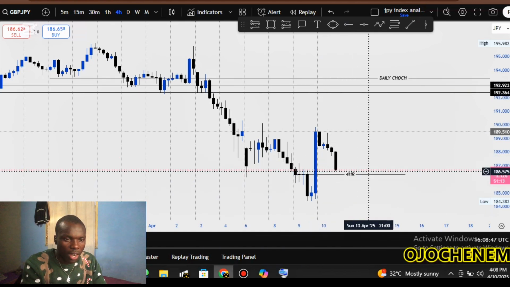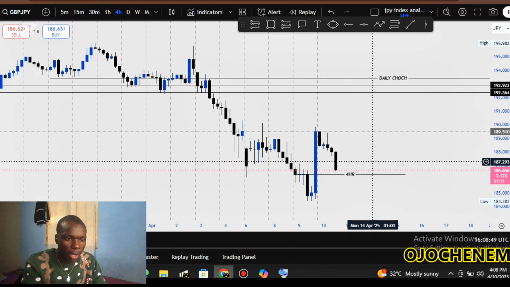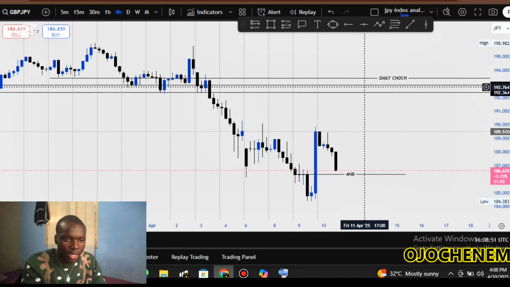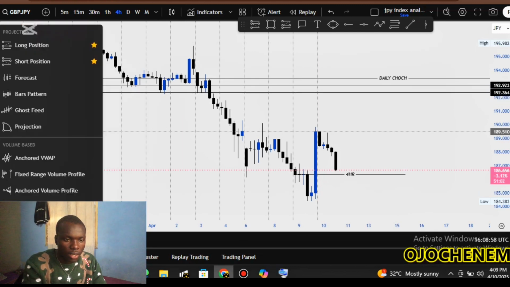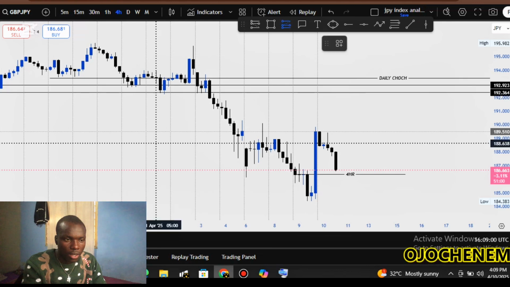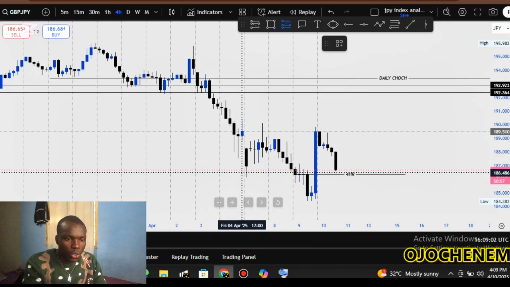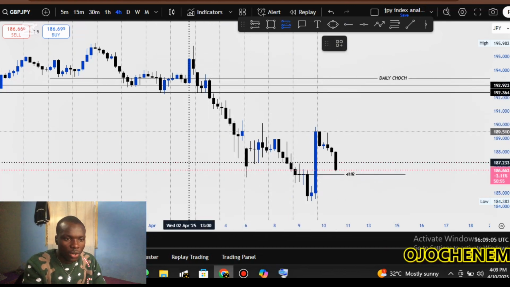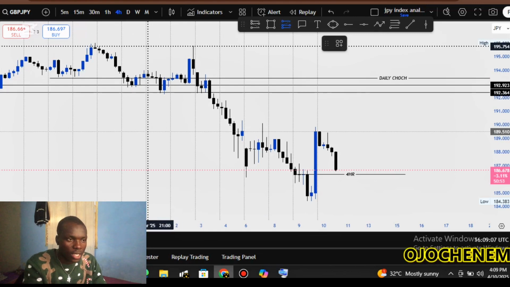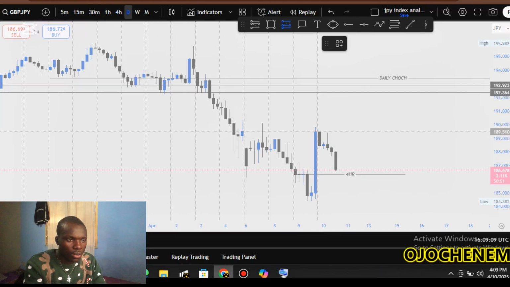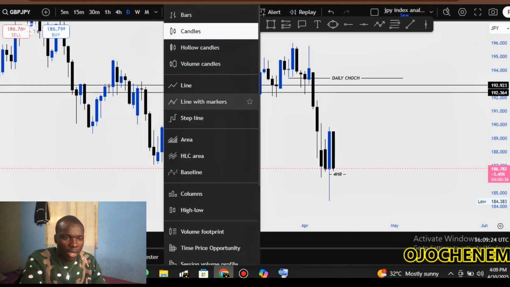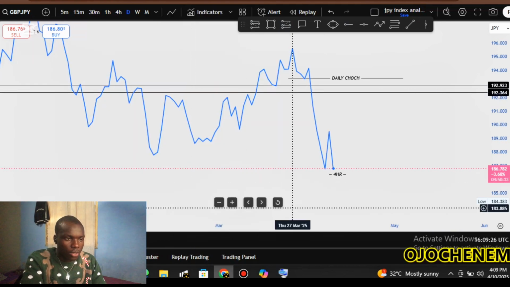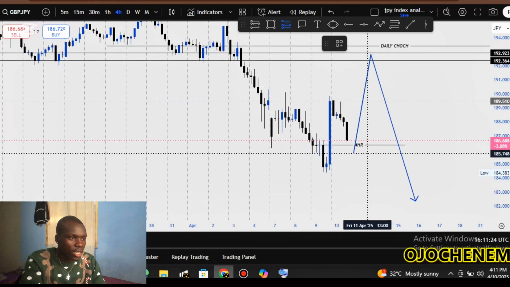The daily change of character is where we are looking forward to the market tapping back in before it continues selling. Before the market continues selling, I'll be waiting for it to tap in this particular zone. If this market retests the 4-hour break of structure, we might see a pullback to the top. So this is what we might see.